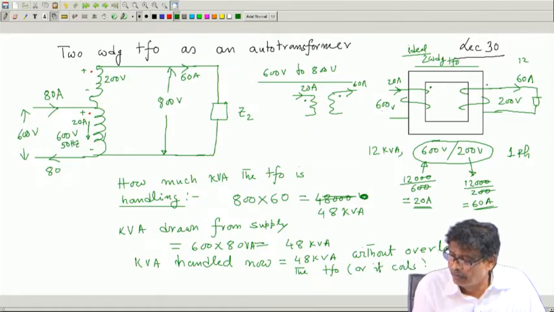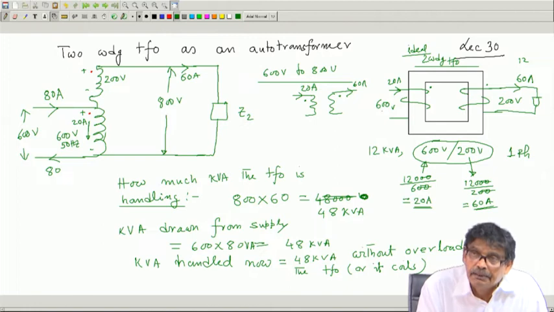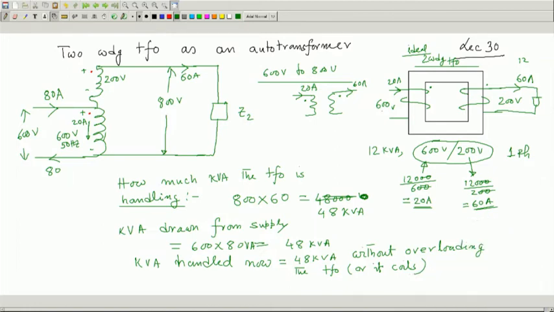It has not overloaded. Rated current of this is 60 ampere, fine. Rated current of this is 20 ampere, it is fine. Rated voltage of this winding is 600 volt, rated voltage of this winding is 200 volt.